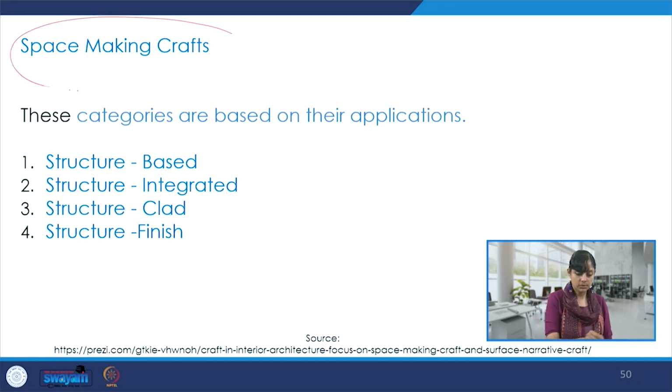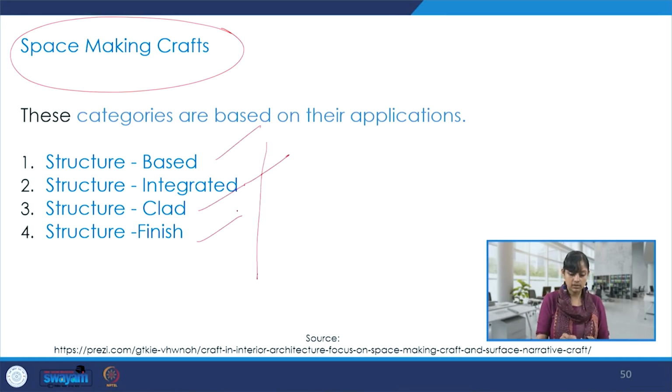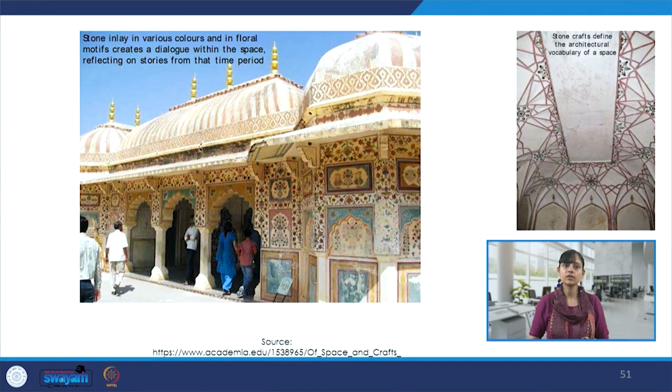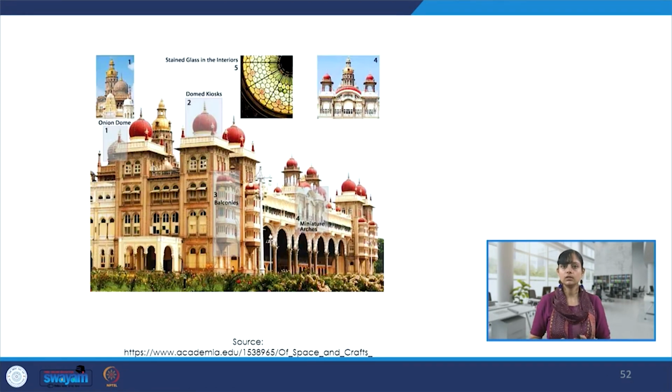Then, broadly summarizing, when we talked about space making crafts, we touched upon these four broad categories. We had examples of each one of these to understand it better. We saw some examples, some case studies, and some images to better our understanding, focusing on these concepts. Another project here is from Mysore.